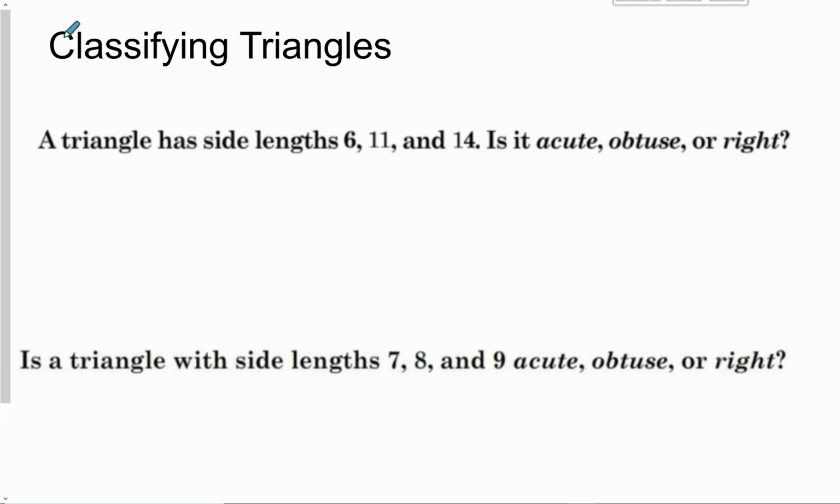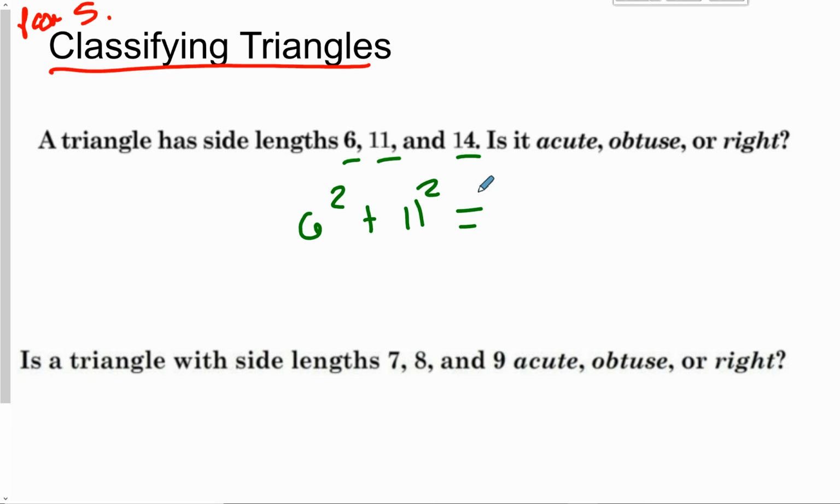So problem number 5 is to classify triangles. We're going to look at three sides of a triangle, square the two smaller sides and see if that equals the larger side squared. So we square these, get 36 and 121, which is 157.